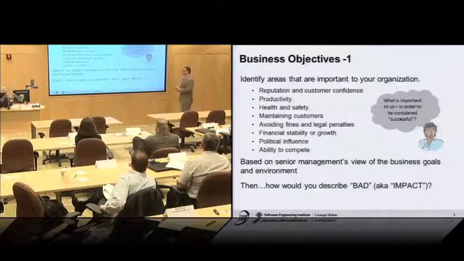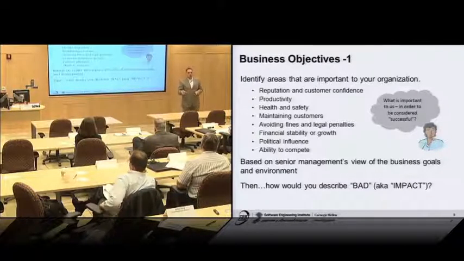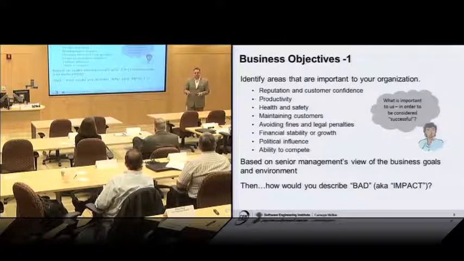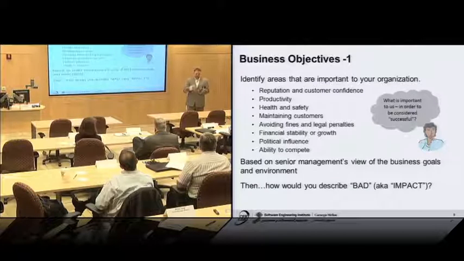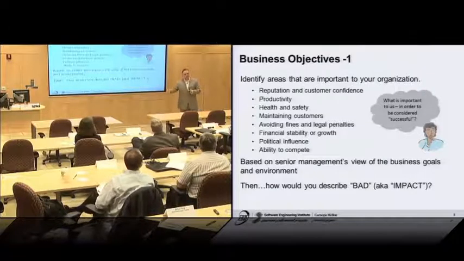Well, really, this comes down to senior managers, your C-suite level, your vice president level, that sort of people. Who's important or what's important to this business? And so generally, you can ask them, what do we need to do to be successful? And they'll tell you, this is what our business does. You can take that and start looking at, okay, here's what the business objectives are.